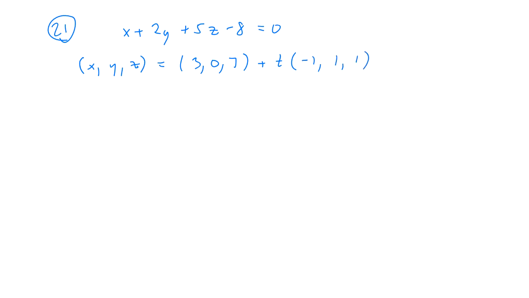Hopefully we'll have a nicer answer than if I just made one up. So here it's saying, here's a line and a plane. If they do intersect, give me the point of intersection.